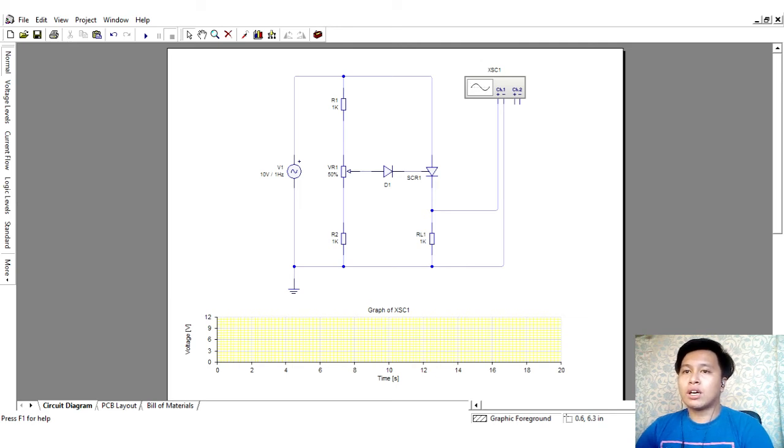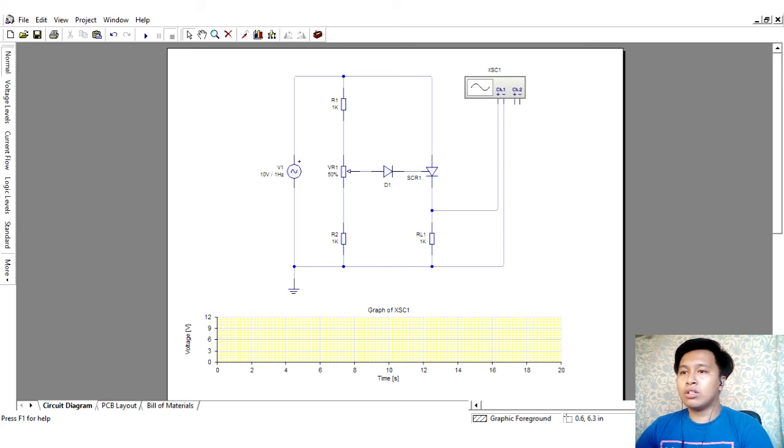If the moving contact is set to the top of resistor R2, the resistance in the circuit is the lowest and the SCR may trigger almost immediately at the commencement of the positive half cycle of the input. If, on the other hand, the moving contact is set to the bottom of resistor R2, the resistance in the circuit is maximum. The SCR may not switch on until the peak of the positive half cycle.